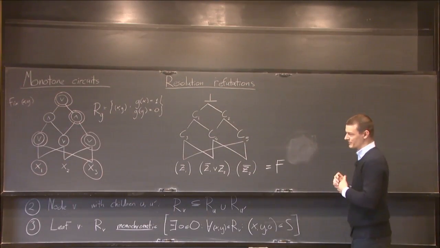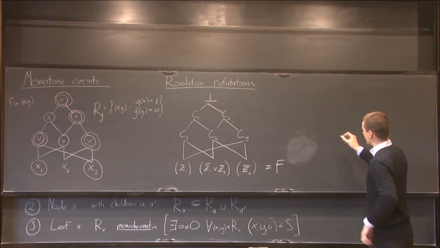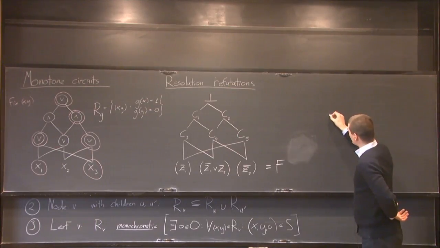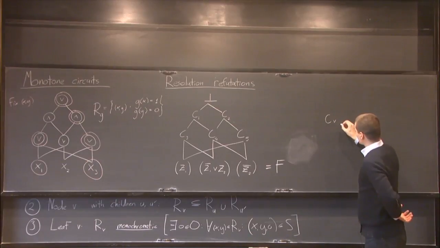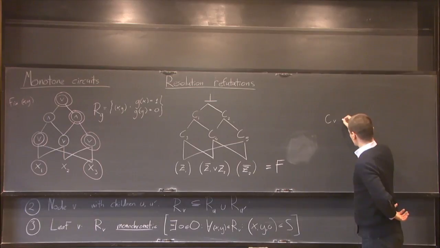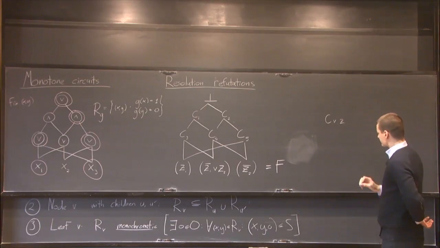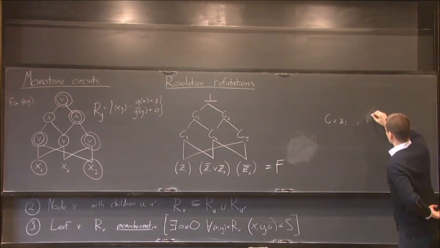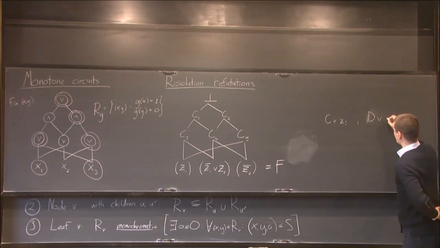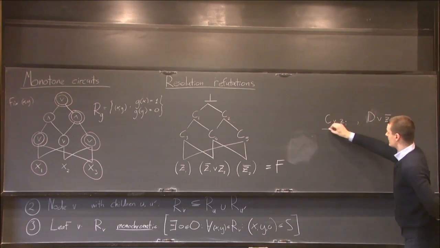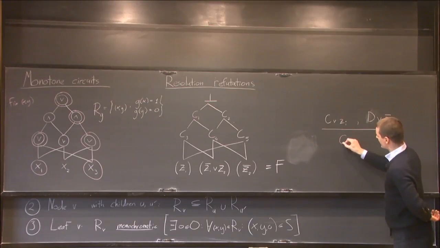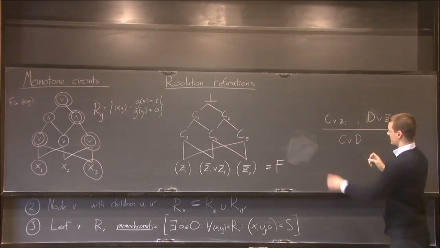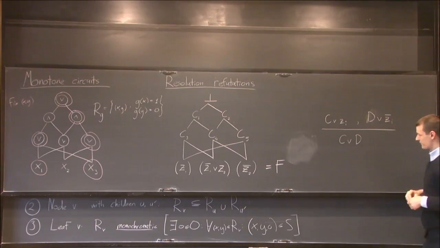The actual rule that you can use here, without loss of generality, is that if you've derived a clause that has a particular variable, z_i, and you've derived a different clause that has the negation of the variable, then you can derive the clause that's a union of these parts and these parts.